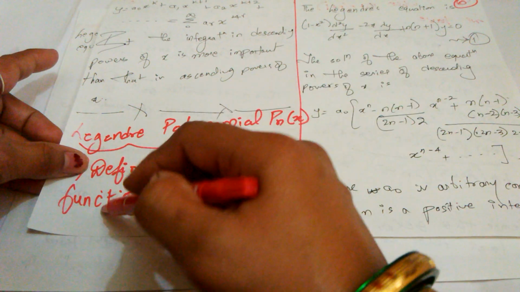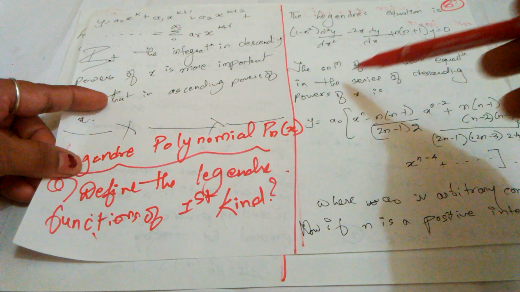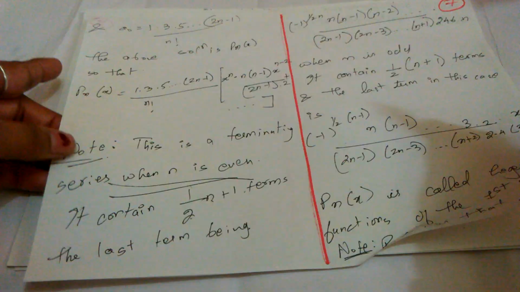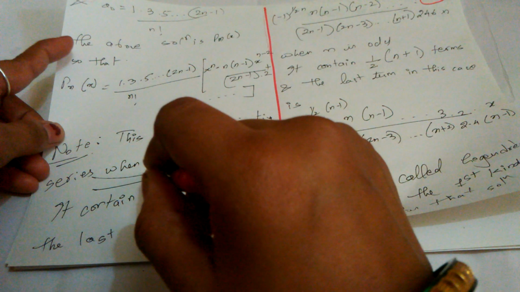Yeah, so as we have started this new topic called Legendre polynomial, define the Legendre's function of first kind. So we have taken the Legendre's equation and then we have solved this further, and then we have substituted the values when n is equal to even.